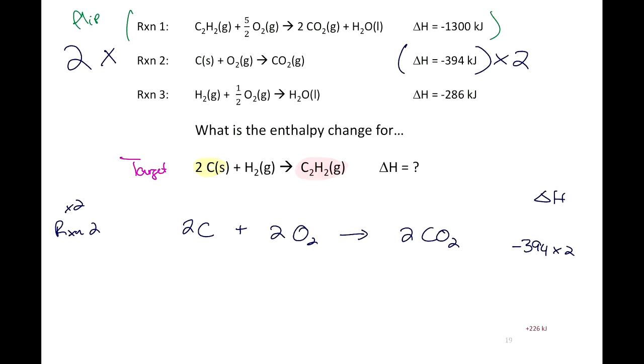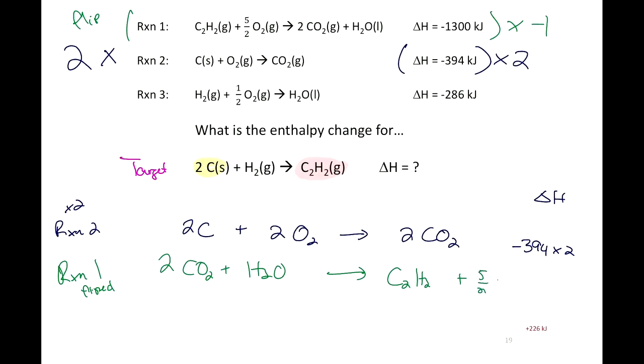Yeah, so we just have to flip it. So we just have to multiply that delta H by -1. So this is reaction 1. That is flipped. So 2 CO2s plus a water gives us C2H2 plus 5/2 oxygen. Since I flipped it, delta H changes to now positive 1300.